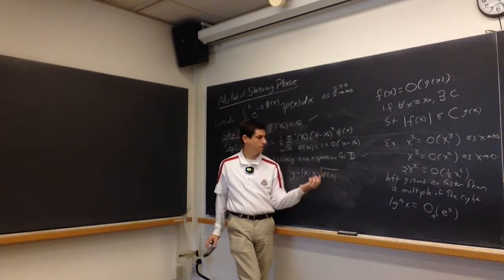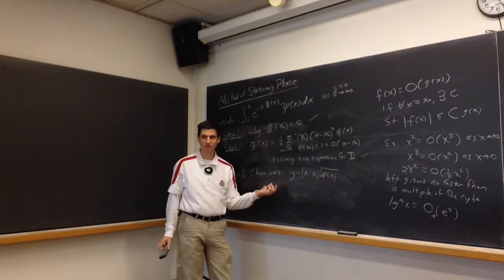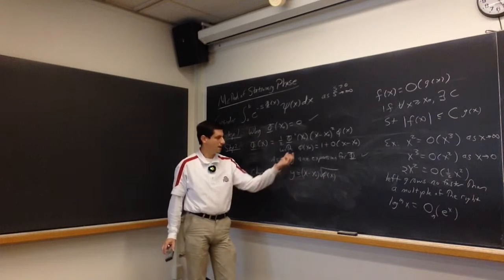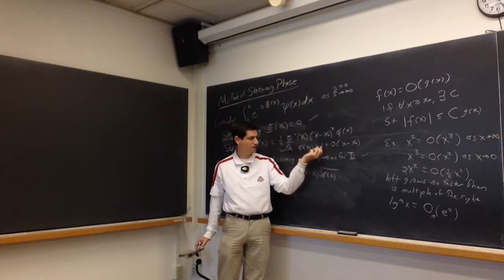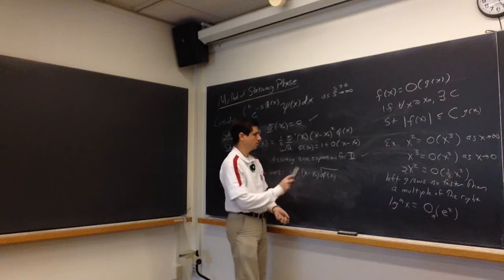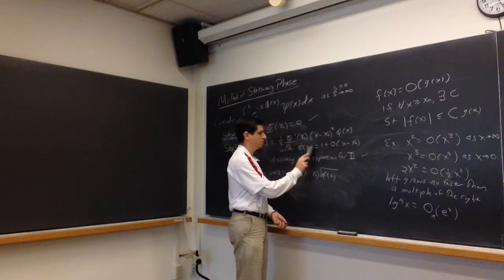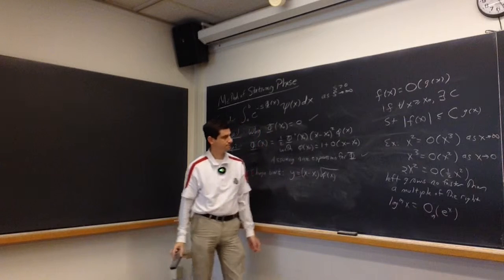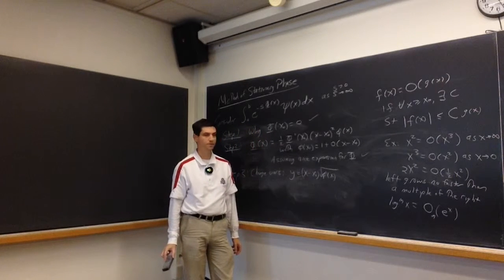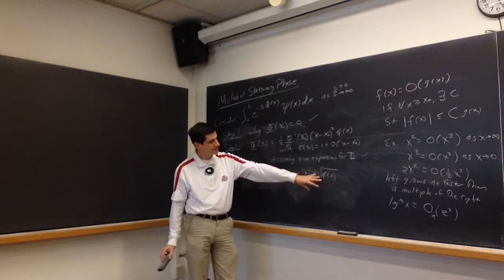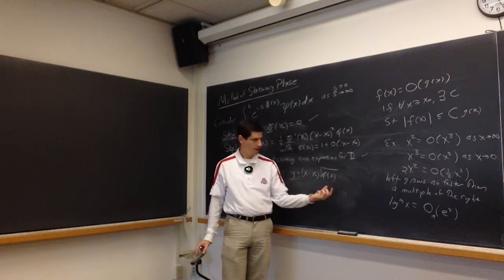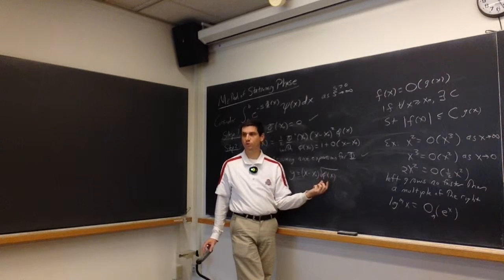Or we could have trouble if we have to worry about which sign of the square root we want. Do we have to worry about this quantity getting negative? No, why not? As long as we're near x naught. Good. As long as we're near x naught, phi of x is going to be very close to 1. And so actually I probably should write this as phi of x, not phi of x naught, and phi of x naught would be identically 1. So as long as we're near x naught, we're going to be fine. We're not going to change which branch of the square root we're on.